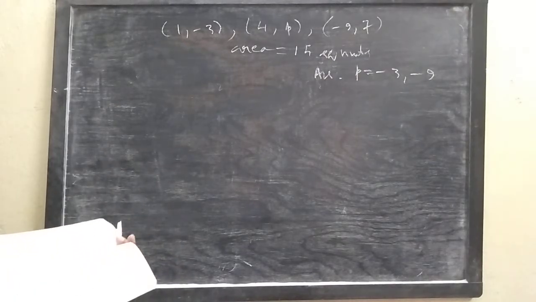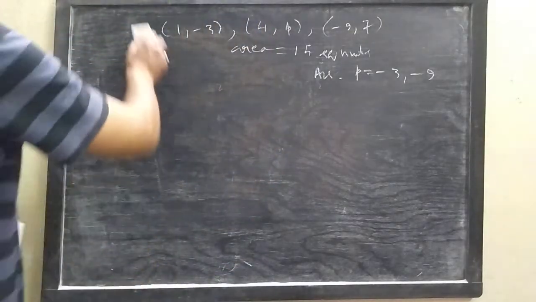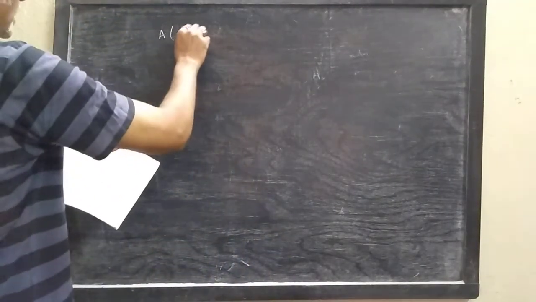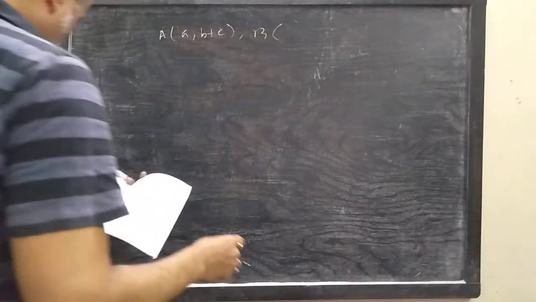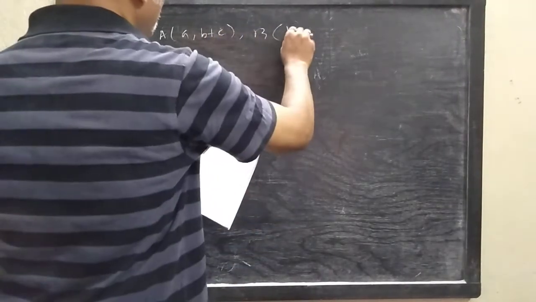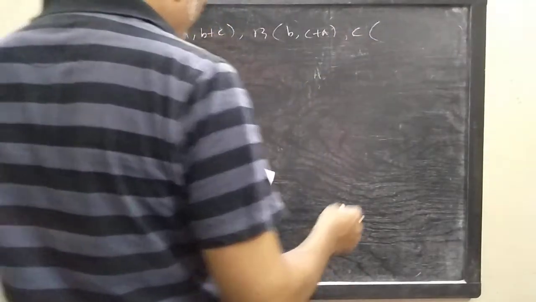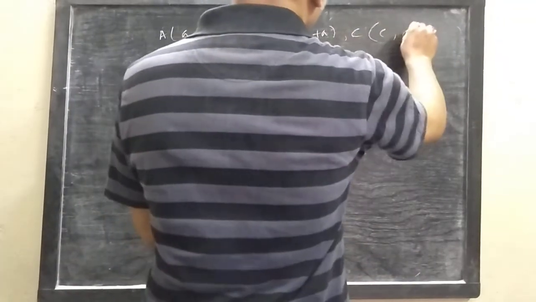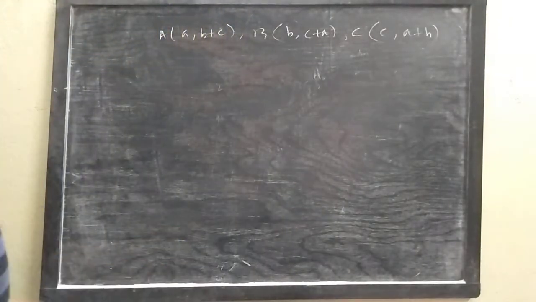Next question, show that these points are collinear. The given points are capital A comma B plus C, capital B comma C plus A, capital C comma A plus B. And you are asked to show these 3 points are collinear.